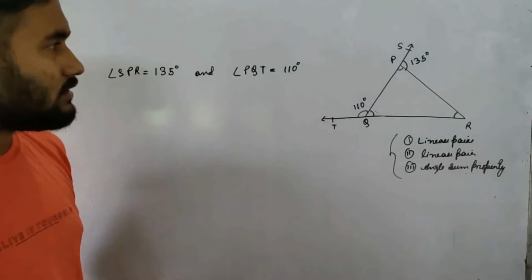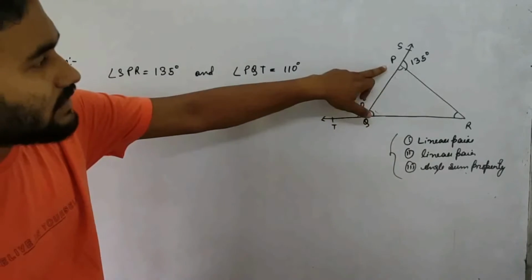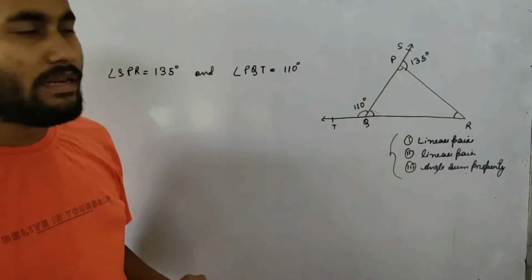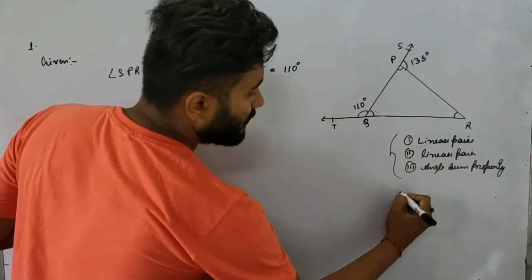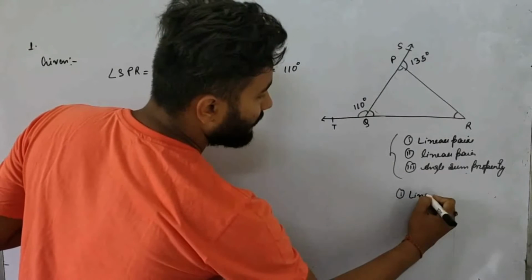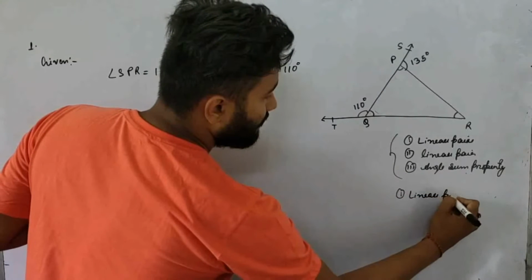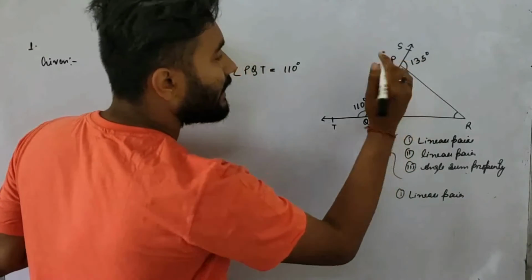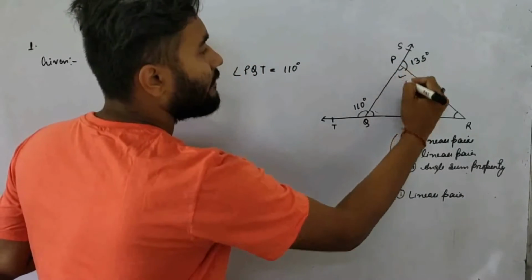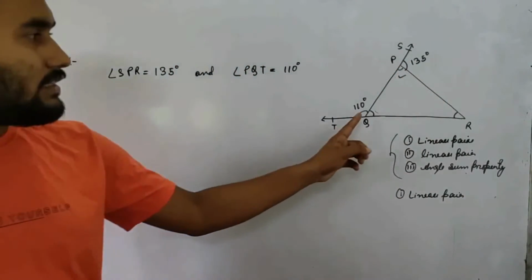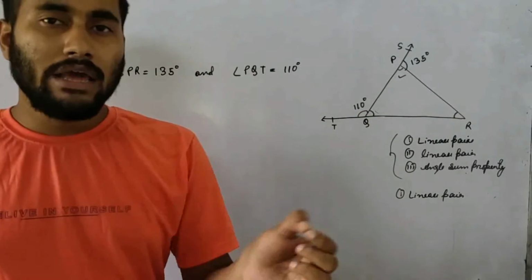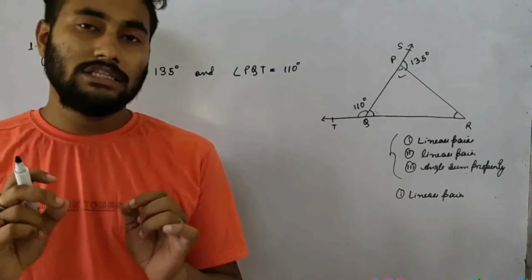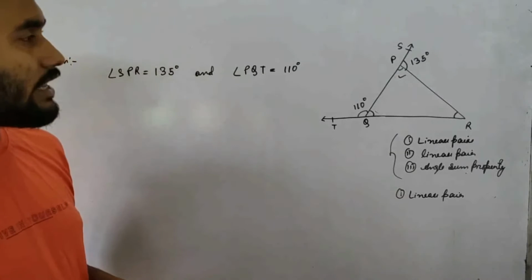Now what is the other process? One step will be less. See, at first I will find this angle by linear pair. In the second step, again I will find that angle by linear pair. Now this angle I have got. Now I will not find this angle; directly I will use the exterior angle property.